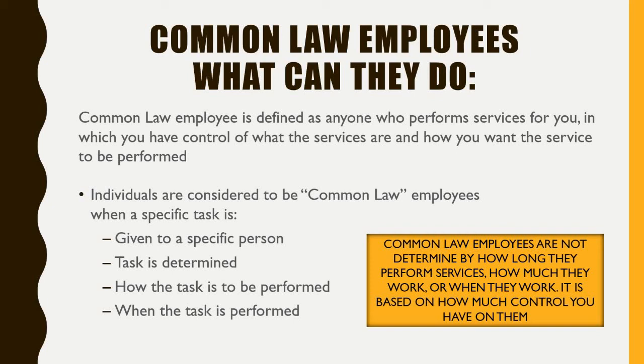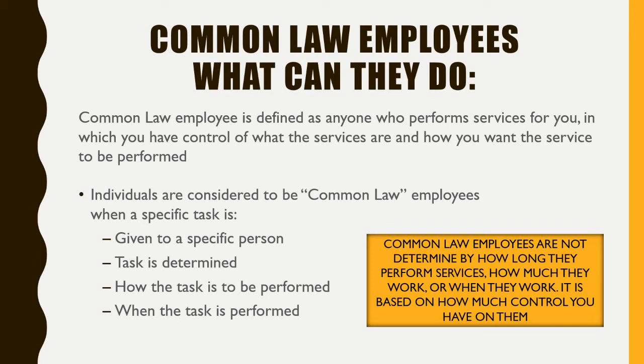It's because you control exactly what they do, how they do it, when to do it, and exactly what to do. The employer is going to provide a specific task for this particular employee, tell them when to do it, how to do it, and give them all the supplies in order for them to complete the task. So everything must be provided.